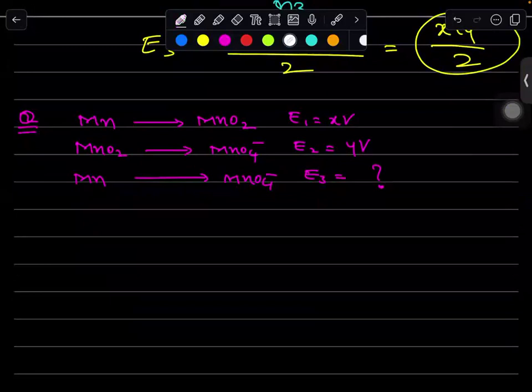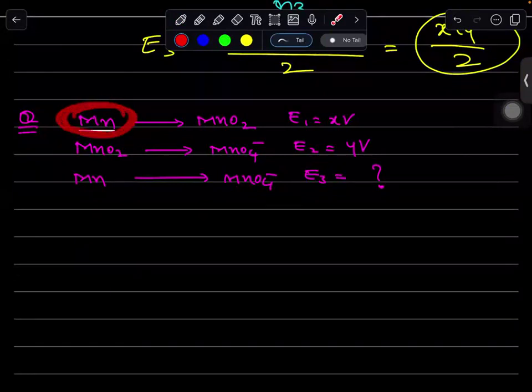First, in this question, how much is the manganese oxidation state? The charge present on the species is called the oxidation state. If it is a molecule, you have to find the sum of the oxidation states. So is it a compound or an element? 11th standard previous knowledge is important for this. All neutral, independently existing atoms have oxidation state 0.